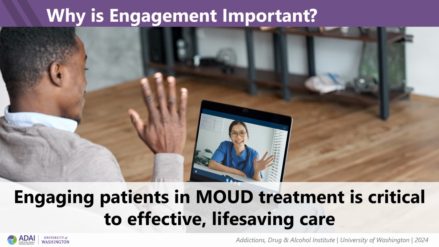And that's because evidence shows that these medications, particularly buprenorphine and methadone, reduce the risk of opioid overdose. And this is important because overdose rates from opioids in our communities are very high and increasing due to the influx of unregulated fentanyl into the drug supply.